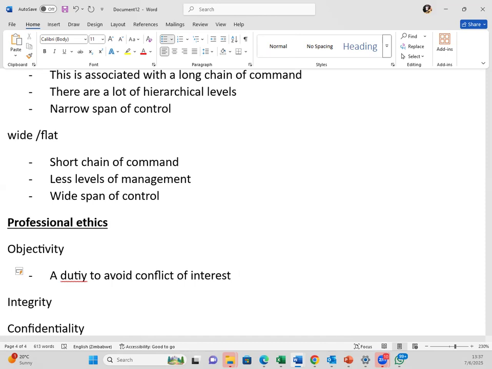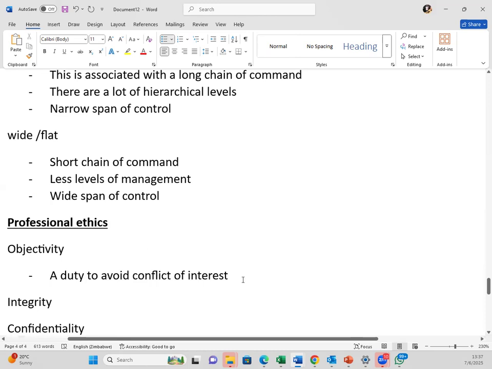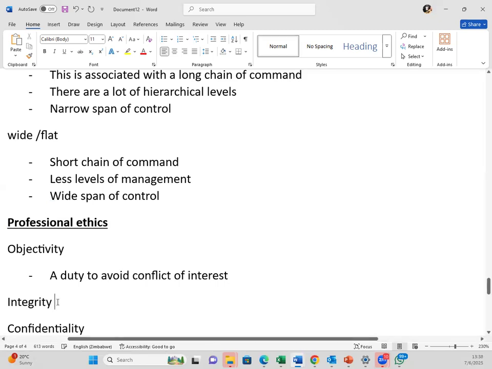You are not supposed to engage in activities that are going to make you benefit, but putting the company in danger. So a duty to avoid conflict of interest means that your interest must not prevail over the interests of the company. Don't engage in activities that are benefiting you, but putting the company in danger.